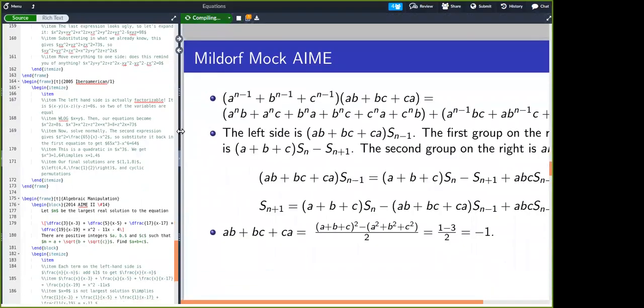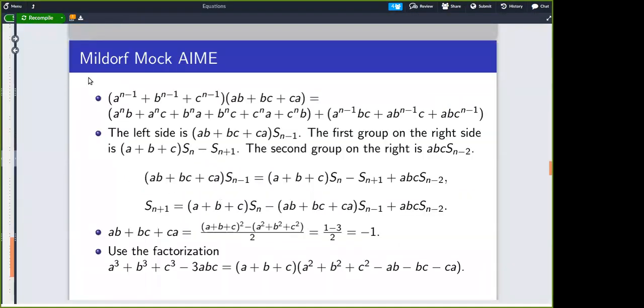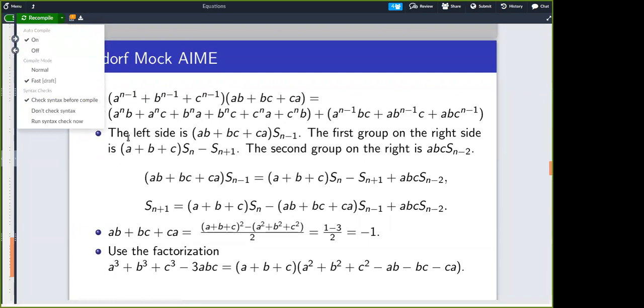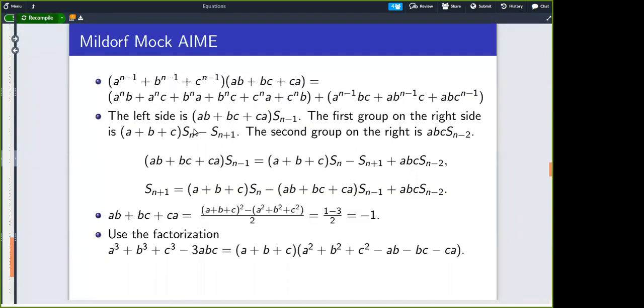We're going to use the factorization a cubed plus b cubed plus c cubed minus 3abc equals a plus b plus c times a squared plus b squared plus c squared minus ab minus bc minus ca. This is a pretty important factorization to know.